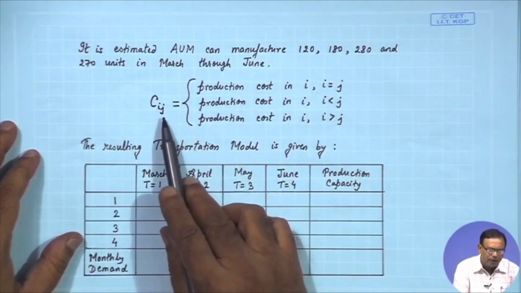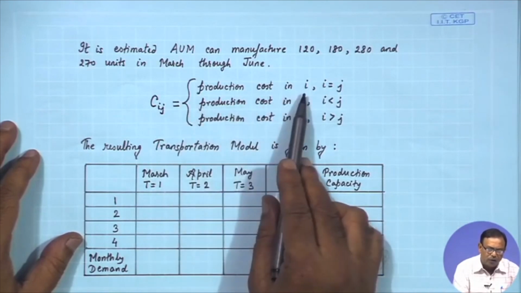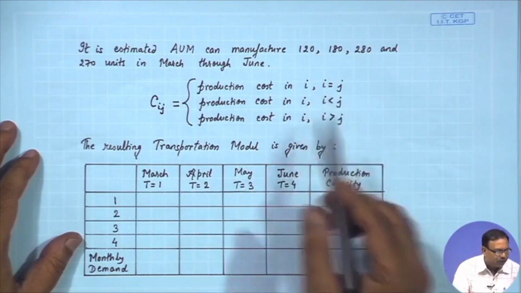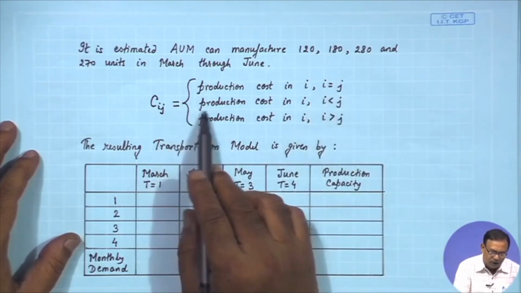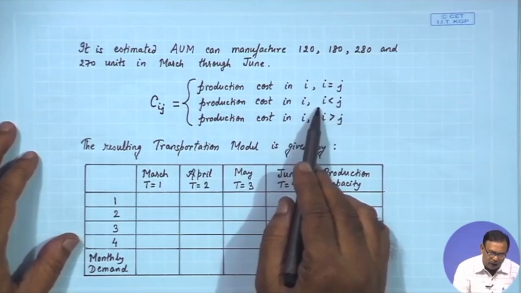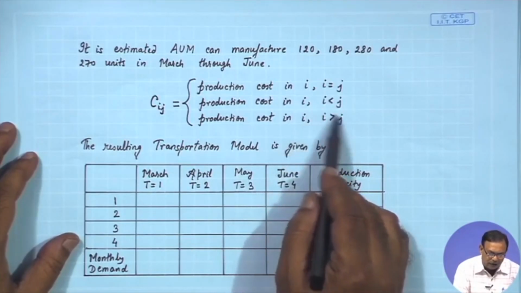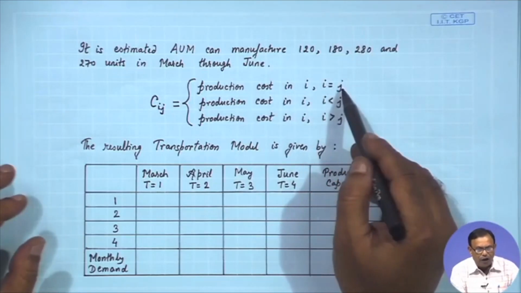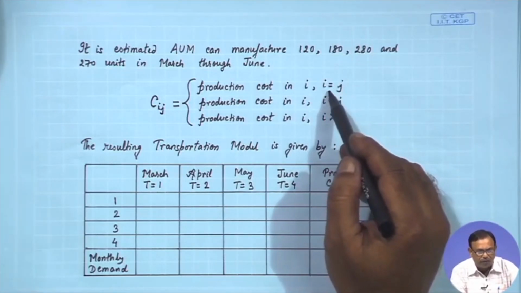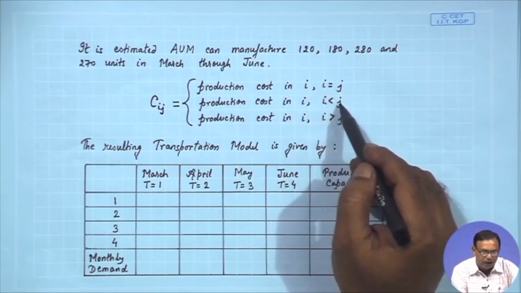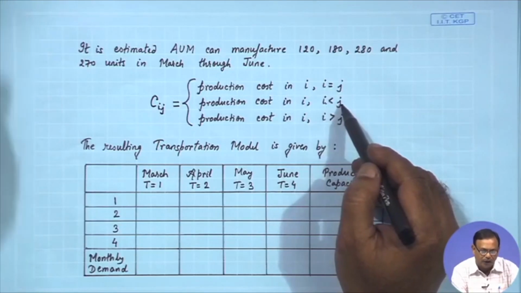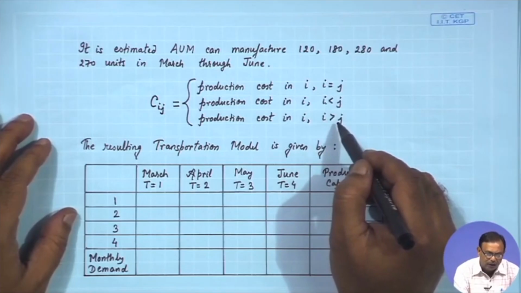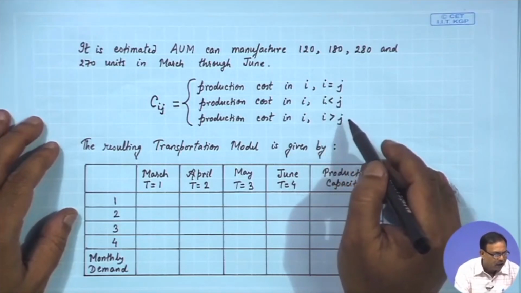Now, Cij, we are assuming is the production cost in i when i equals j, when i is less than j, and when i is greater than j. As I have told, i equals j means you are meeting the demand at the same time. If you are not meeting it at the same time, then it will be 105, and whenever i is greater than j, in that case it will be 115.